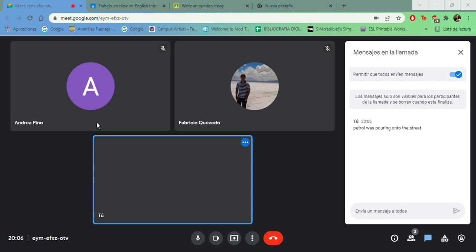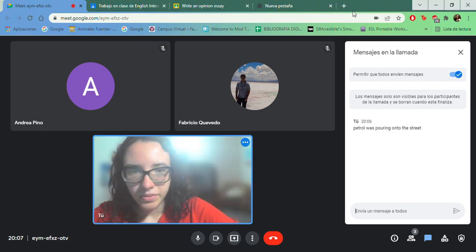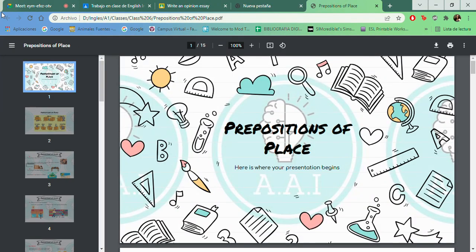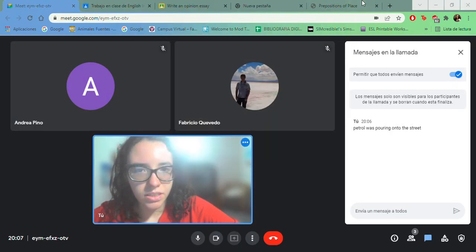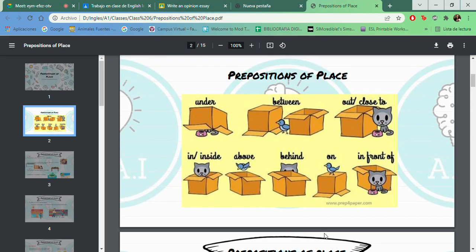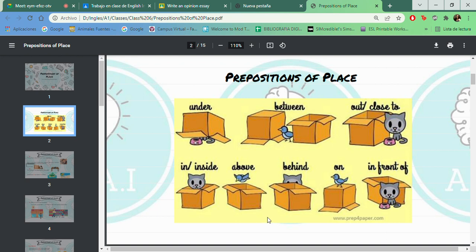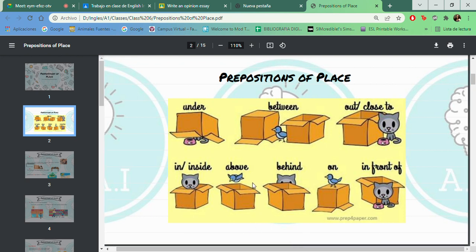Great. So, for example, let me show you. Prepositions of place. Just to practice with really beginner vocabulary, so it's easier. Can you see the difference between above and on? For example, here, how can you describe the picture?